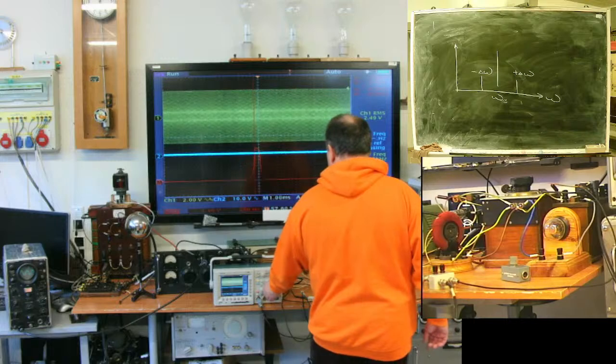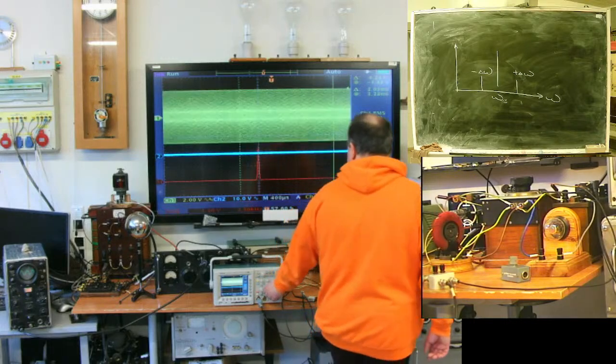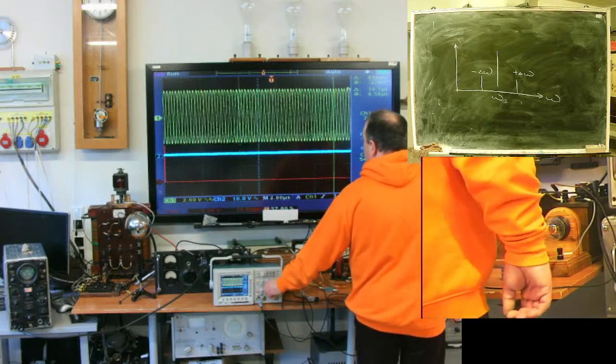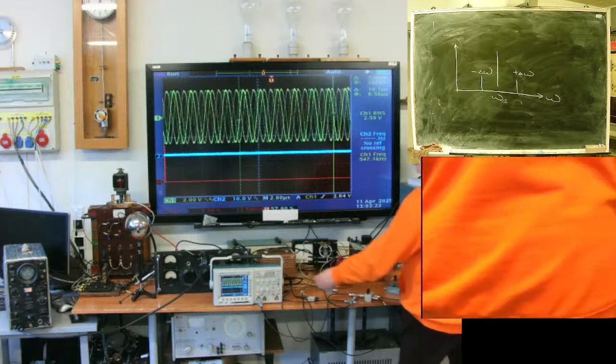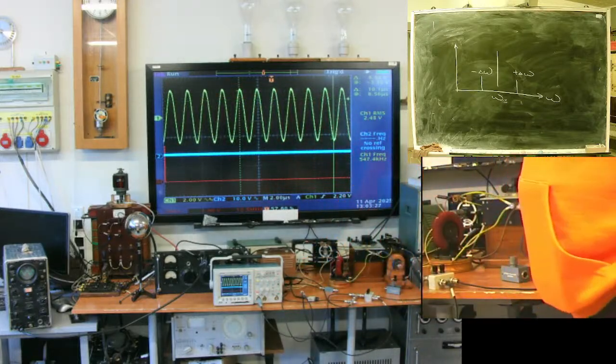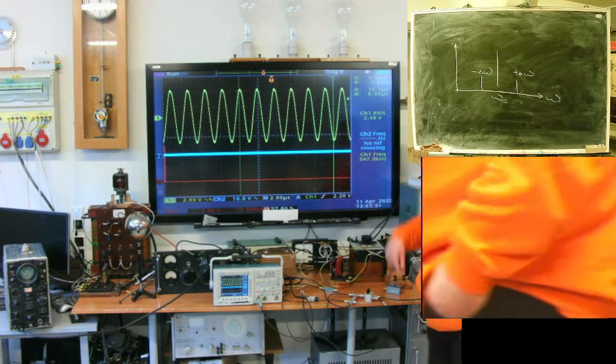A bit wobbling, but it's a cosine of the sum.